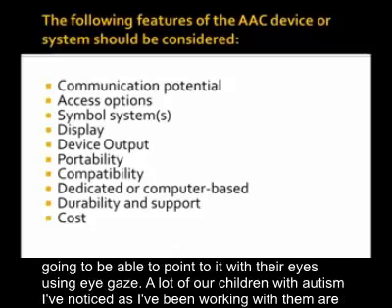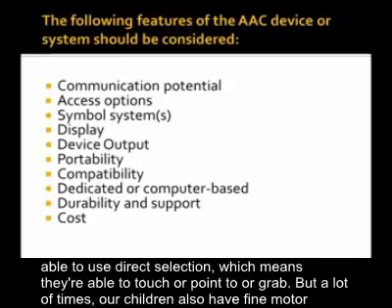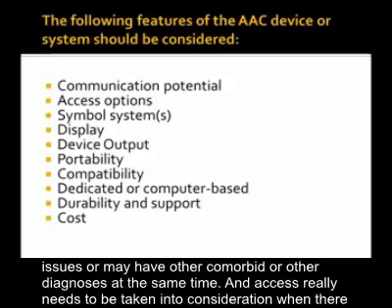A lot of our children with autism, I've noticed as I've been working with them, are able to use direct selection, which means they're able to touch or point to or grab, but a lot of times our children also have fine motor issues or may have other comorbid or other diagnoses at the same time.